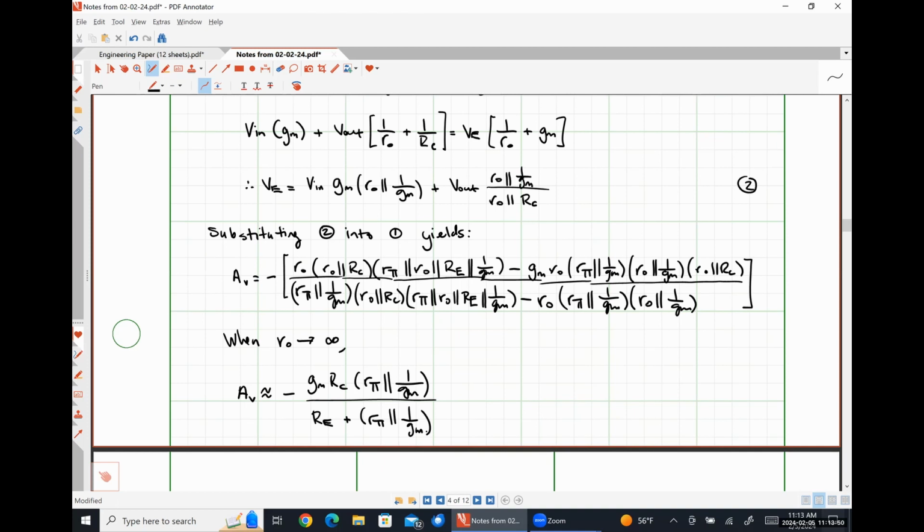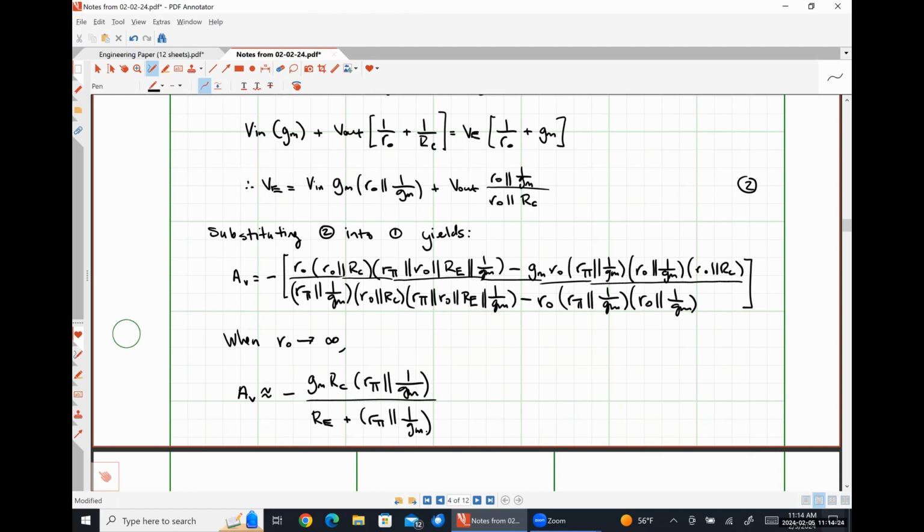There's no way that this ratio of R pi in parallel with 1 over GM divided by RE plus R pi in parallel with 1 over GM will ever be a number that's larger than 1. Literally impossible, right? So from a voltage gain perspective, emitter degeneration tends to reduce the overall voltage gain of our circuit, which in some applications is a good thing, and in some applications is a bad thing.